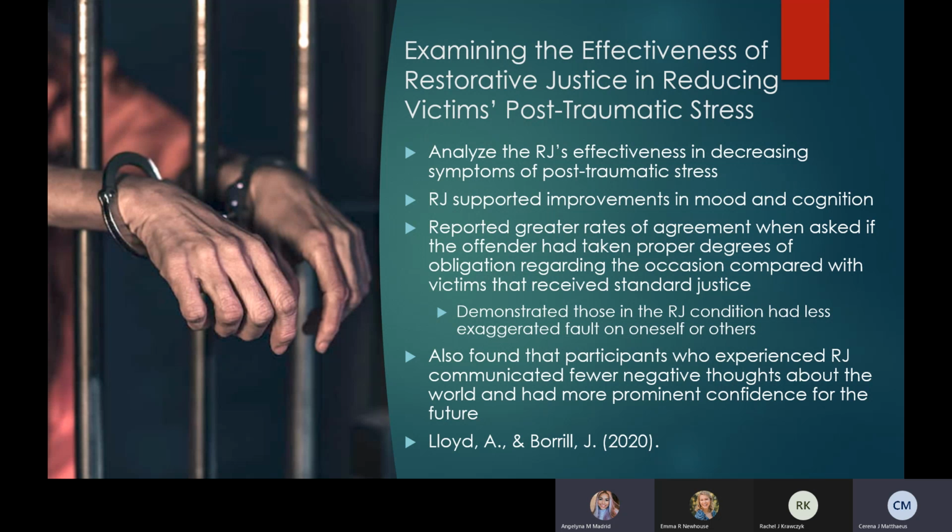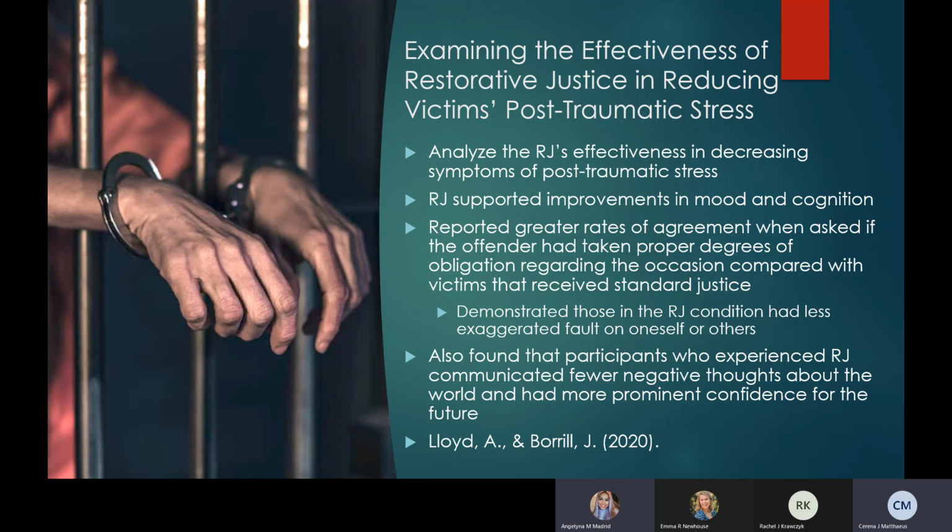The purpose of this review, examining the effectiveness of restorative justice in reducing victims' post-traumatic stress, was to analyze the restorative justice's effectiveness in decreasing symptoms of post-traumatic stress that arise following victimization.